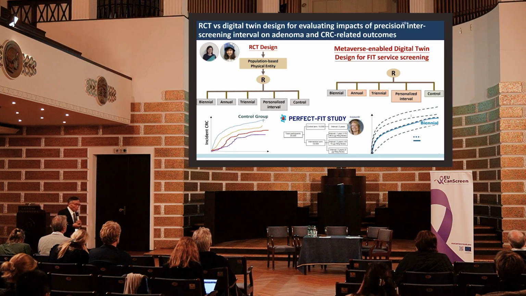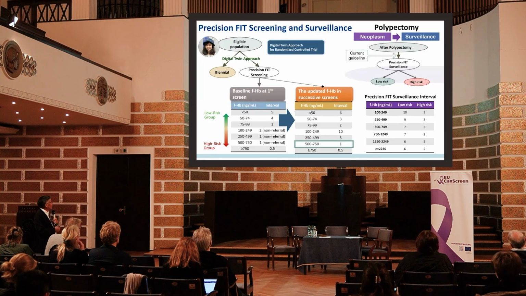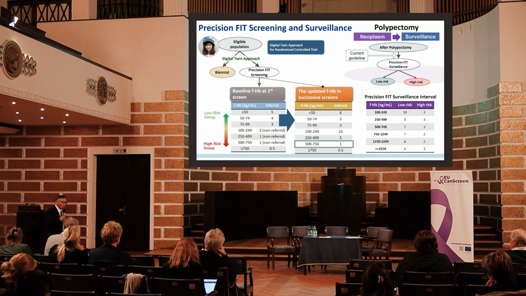Before you wait for the longer follow-up time, you can see something like this. This is why I am right now using our community database to do the digital twin study, to see how this precision screening strategy can work.